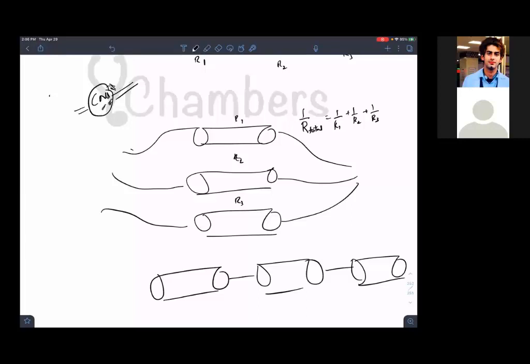These are all in series, and if you add them, you will have a higher resistance. So R total will be equal to R of CNS artery plus R of CNS arteriole plus R of CNS capillaries. Are we able to understand, guys? So once we add them, you will have a bigger resistance.